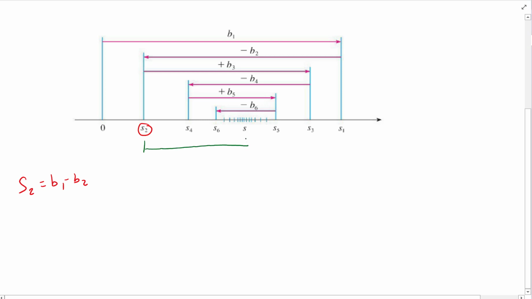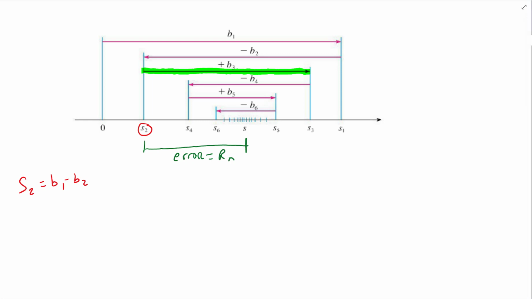This distance right here would be the error, or in other words, R sub 2. So that green distance is how far off we are by just adding the first two terms together. Now if you look at our term b sub 3, b sub 3 in magnitude goes all the way to there. Notice that my error, R sub 2, is less than b sub 3.